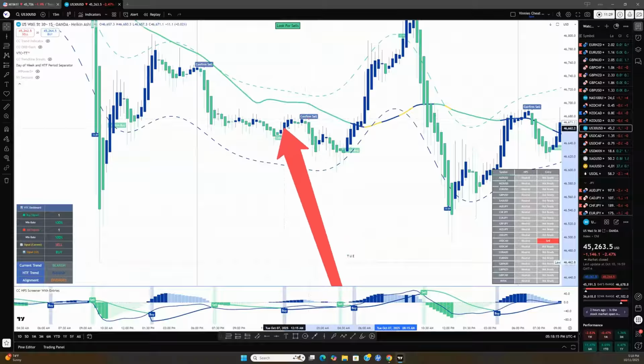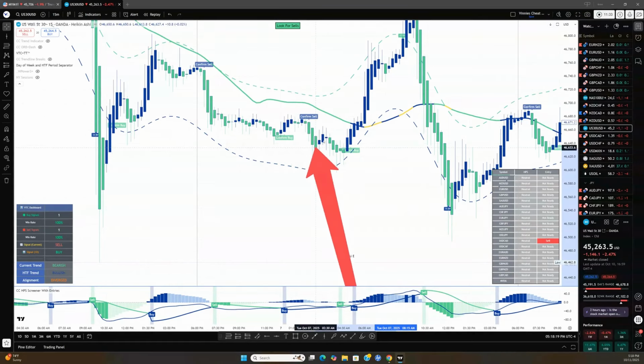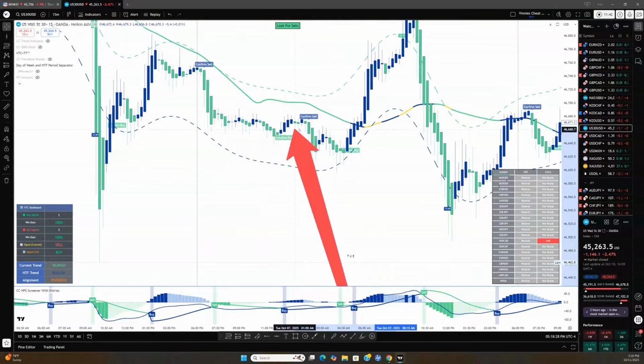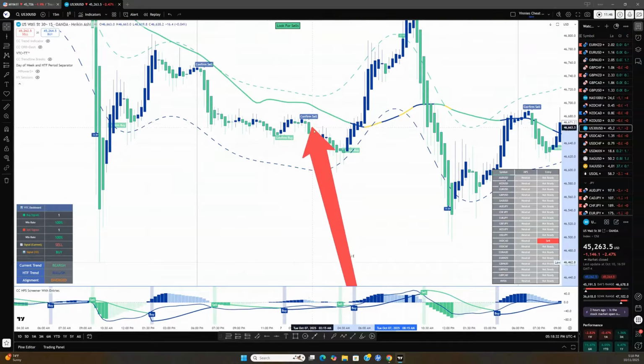But if you just see confirmation sell, confirmation buy, and it's not followed by a CC sell or a CC buy, don't just enter into the market. Don't take that trade. This is just for added confluence or for you to add positions in the direction of the trend.